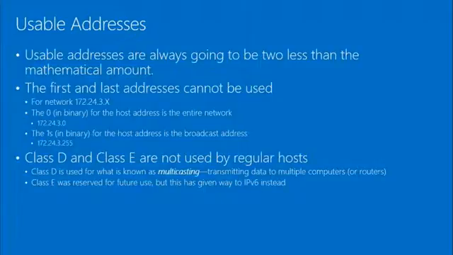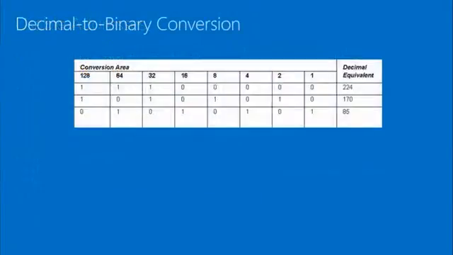Class D and E's are not used by regular hosts. Class D's for multicasting. Class E was reserved for future use, but has been given away to IPv6, which we're going to talk about in a little bit. And IPv6 is neat stuff, so you should stay tuned. I warned you this was coming.